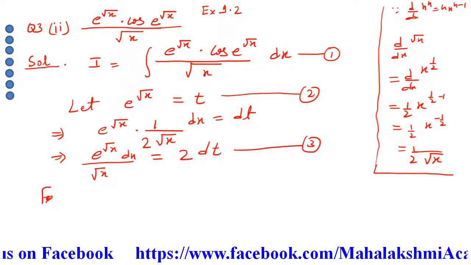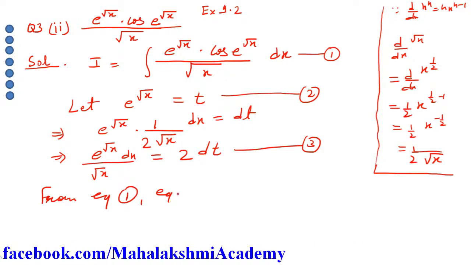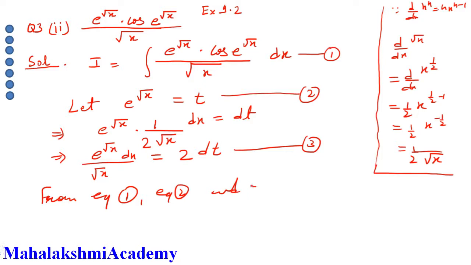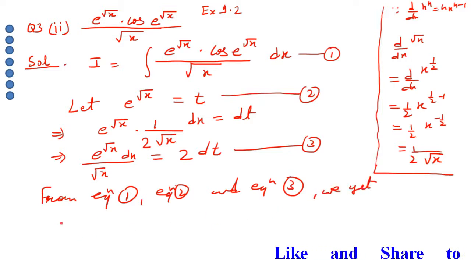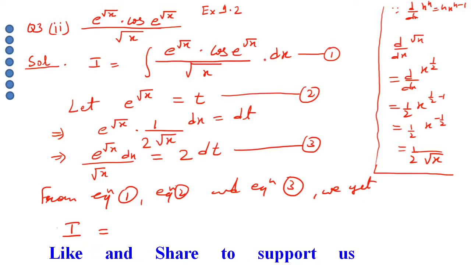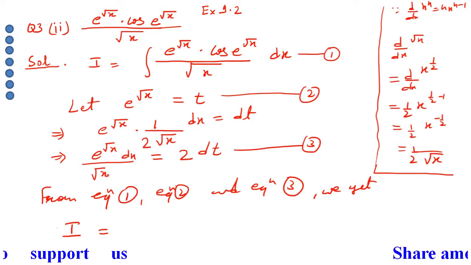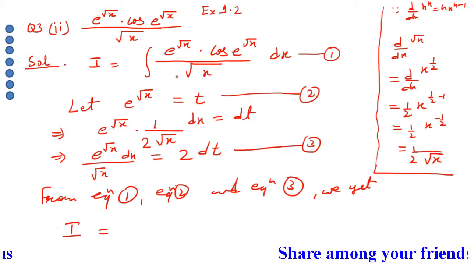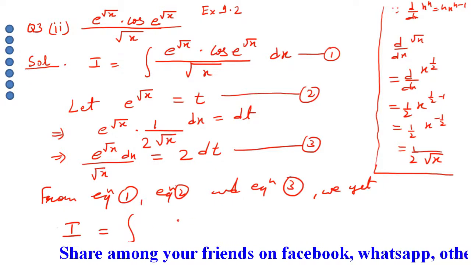Now from equation 1, equation 2 and equation 3, we get I is equal to the following. These three, e to the power square root of x, dx and upon square root of x, are 2 multiplied by dt. So instead of these three, we are going to write down only 2 dt.